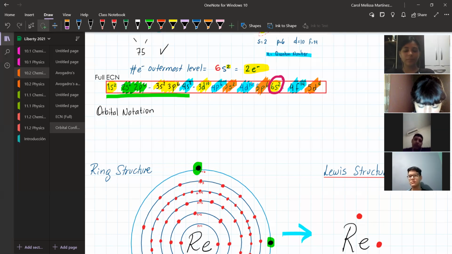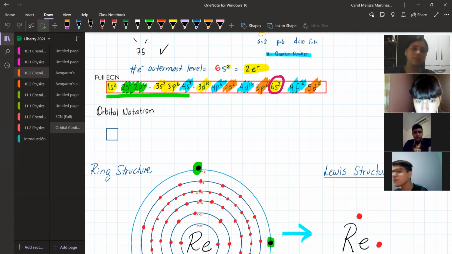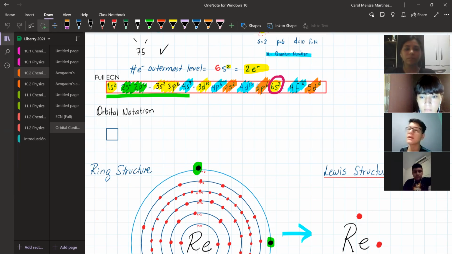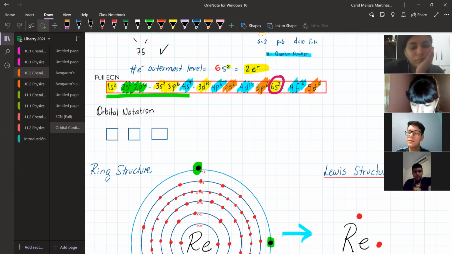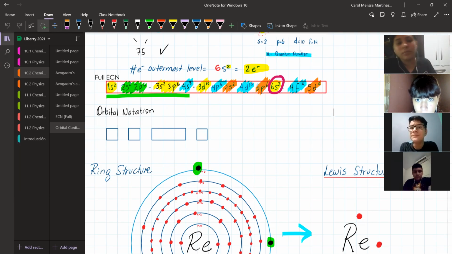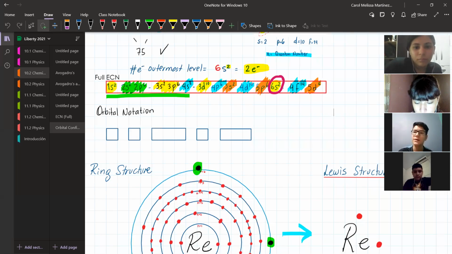So I'm going to do it with boxes and without boxes, and you will tell me which method you prefer.